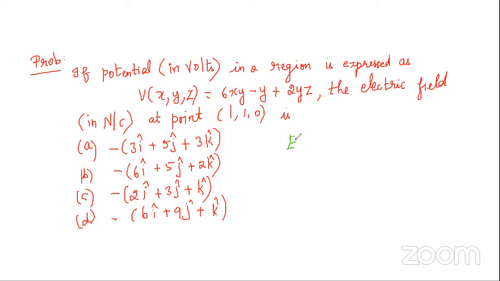E equals minus dV by dx i cap minus dV by dy j cap minus dV by dz k cap. This is the hint to solve this problem. Can anyone give it a try and tell me the answer? Actually, this is a partial differentiation: dou V by dou x, dou V by dou y, dou V by dou z.